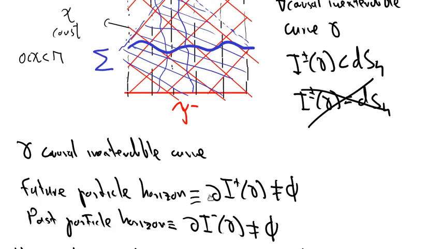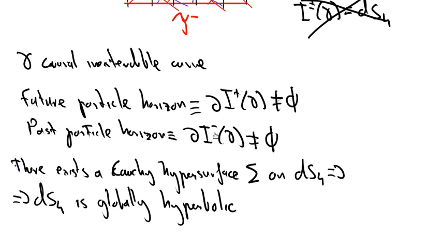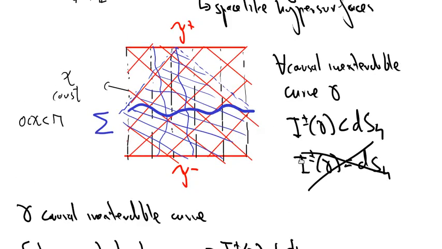For example, the existence of particle horizon for any causal inextensible curve, but still both Minkowski and de Sitter are globally hyperbolic because we have found a Cauchy hypersurface. So there are different properties, but there are also similar properties.